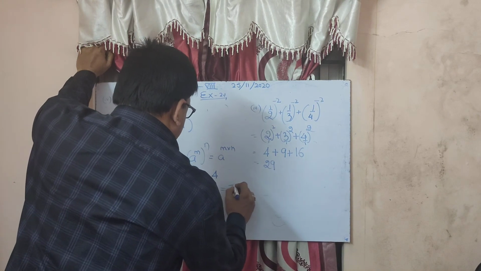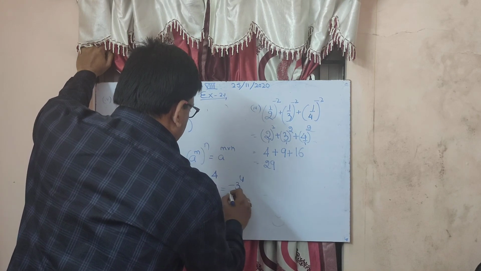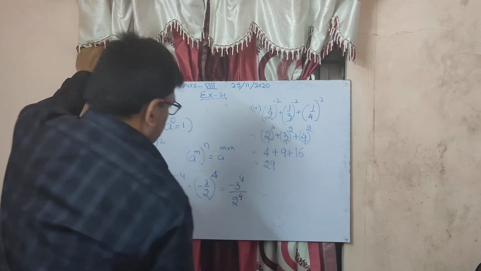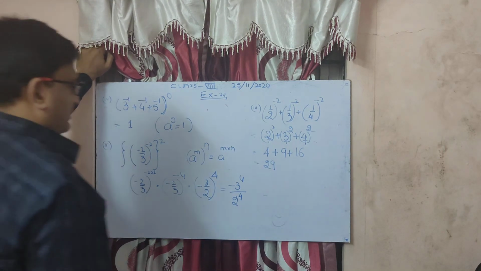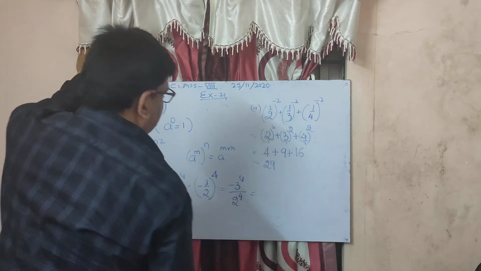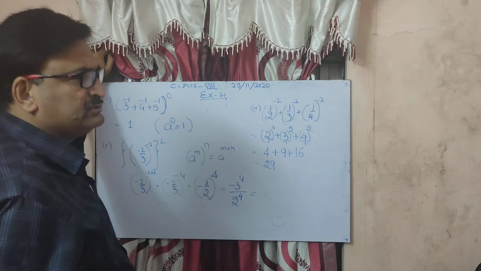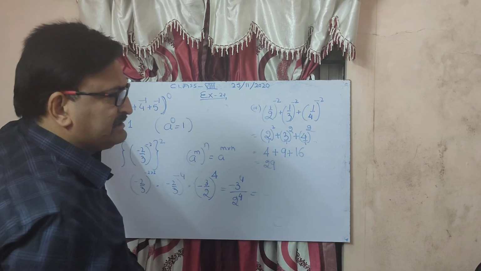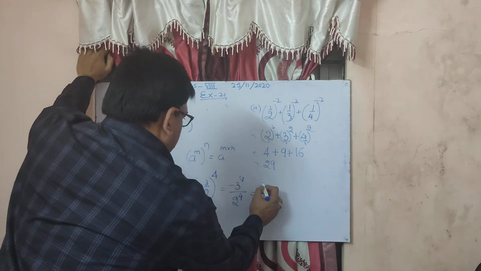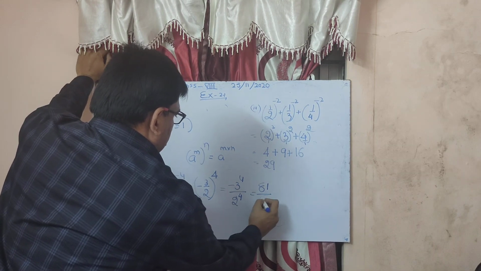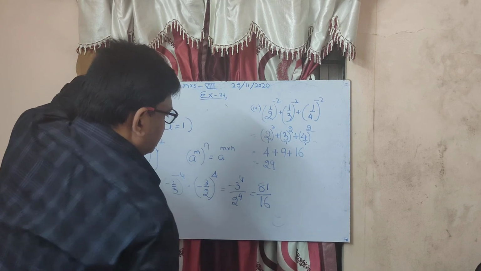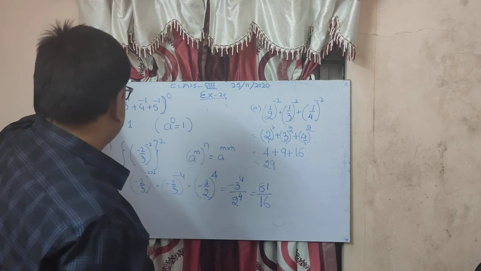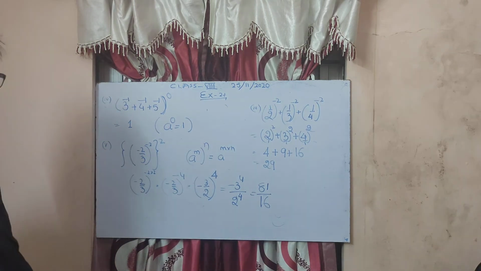That is minus 3 raised to 4 divided by 2 raised to 4. 3 into 3 into 3 into 3: 3 3s are 9, 9 3s are 27, 27 3s are 81. 2 to the power 4 is 16. So this is the answer for the fifth one.